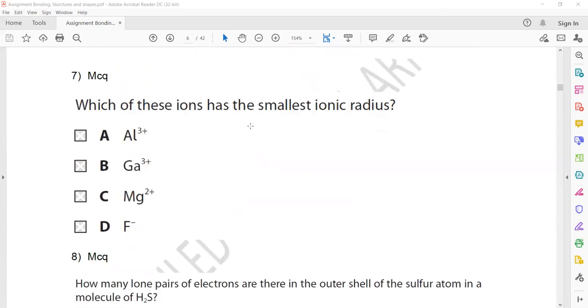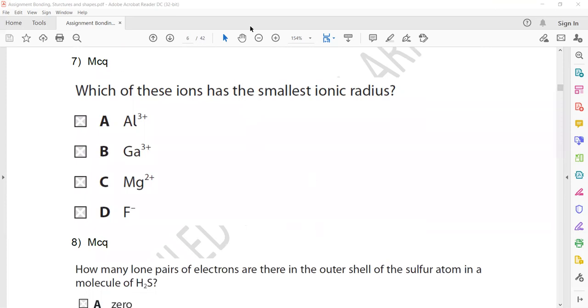In question 7, which of these ions has the smallest ionic radii? So again, to check the smallest ionic radii, we check by number of electrons. So we have aluminium.